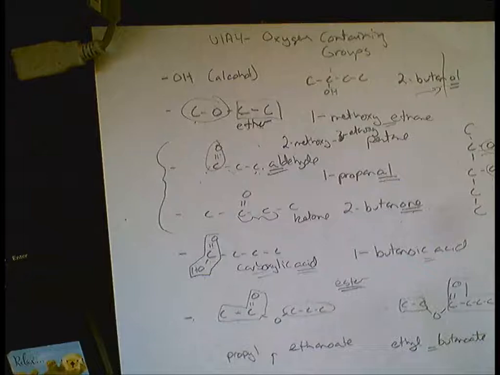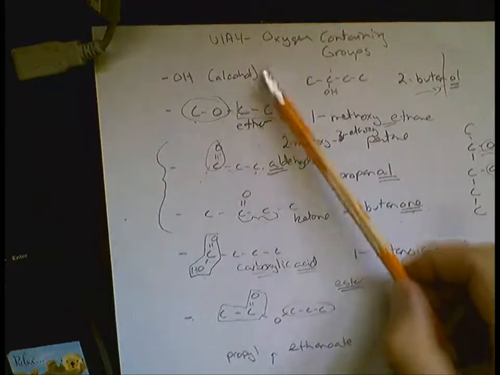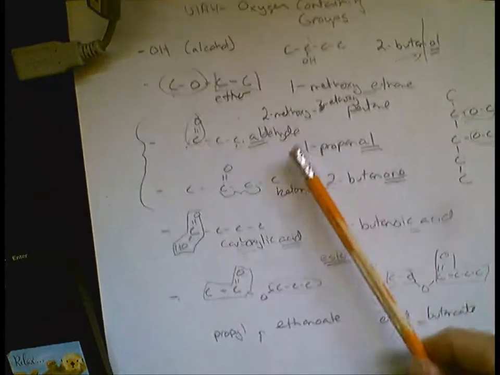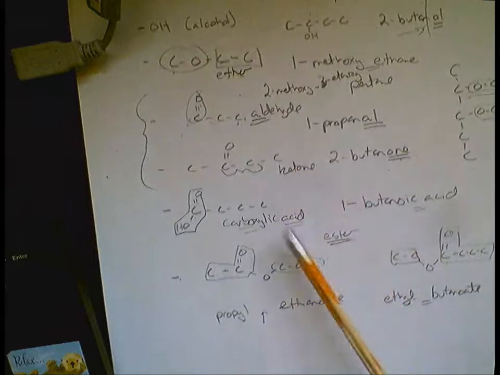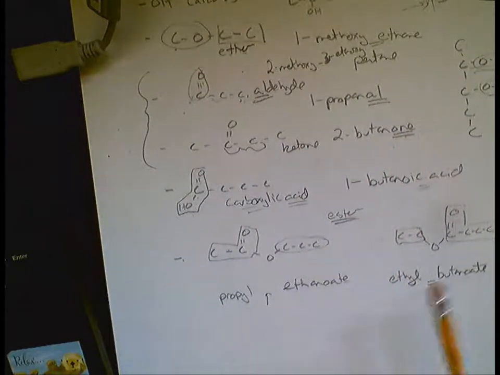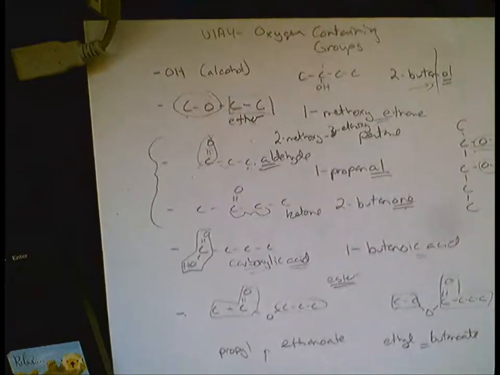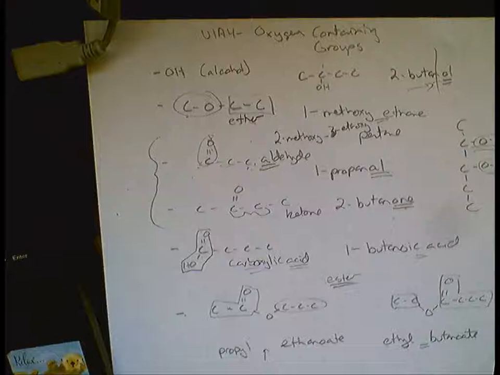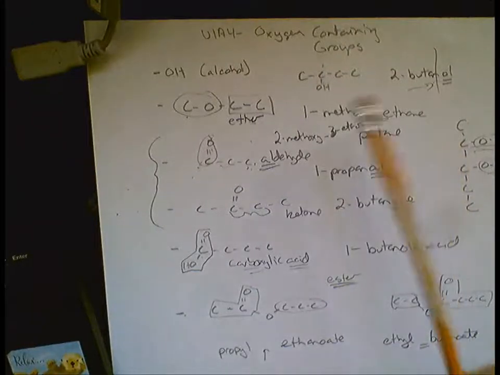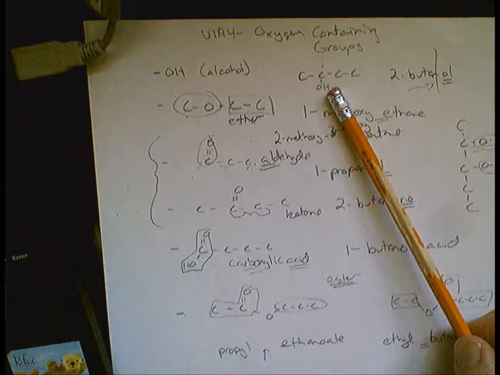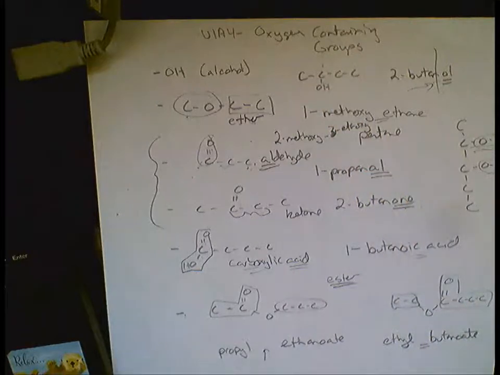Now, I went over quite a bit there. I went over alcohols, ethers, aldehydes, ketones, carboxylic acids, esters. Folks, there are a lot of different side groups that we can put on our carbon chains that have O's in them. So an example of where you might find this is in sugar. You've got OH's on your sugars.